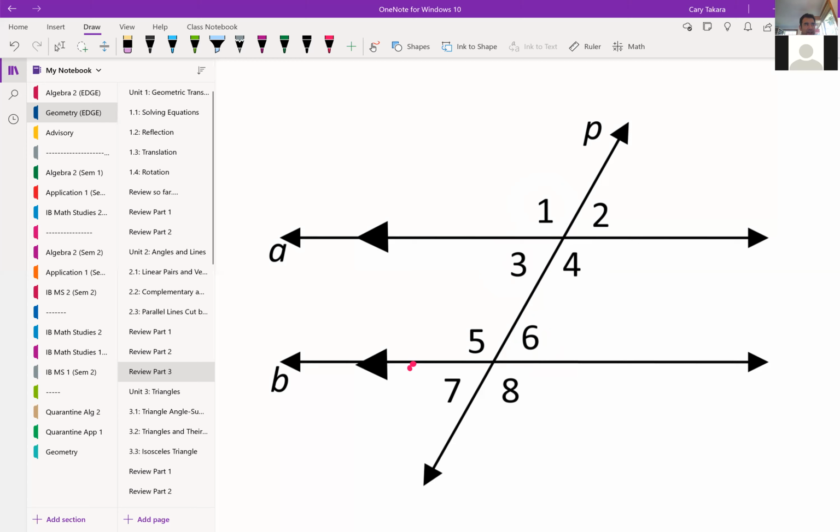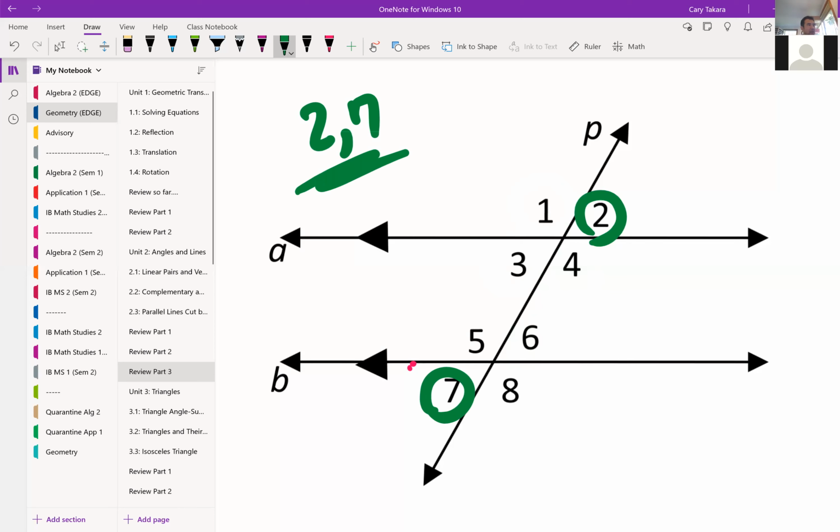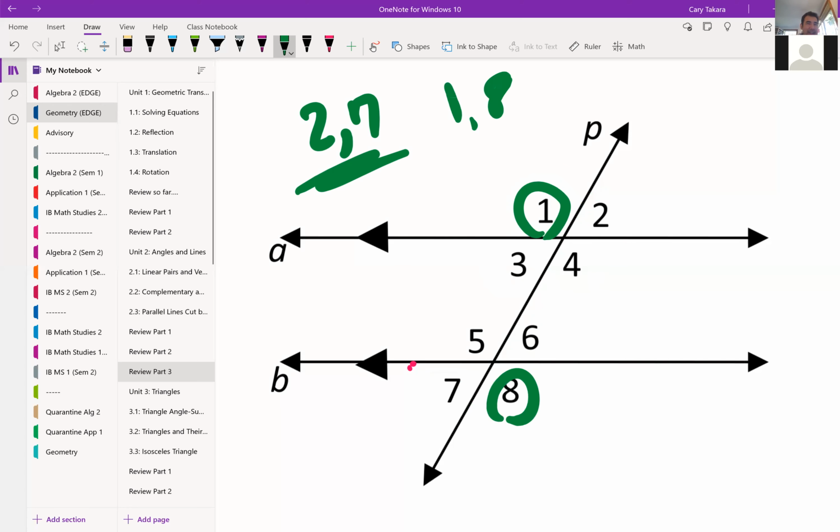Alternate exterior angle. It's going to be either 2 and 7, the 2, 7 combination, or, as some of you listed both of them, 1 and 8. That will be alternate exterior angles. Very good.